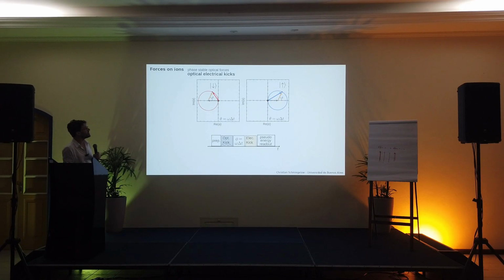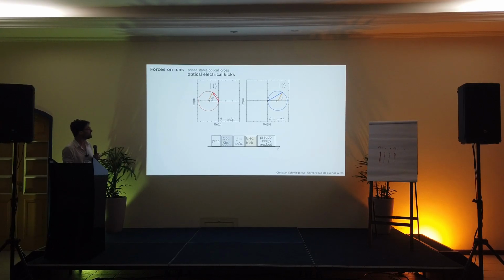We saw that if we started with spin up, we first did a kick in one direction, and if we started with spin down, the optical lattice did a kick in the other direction. Then we did a second kick, which was always electrical, so always in the same direction. That leaves you in a different place in space and with a different excitation, which goes counterclockwise in one case and the other.